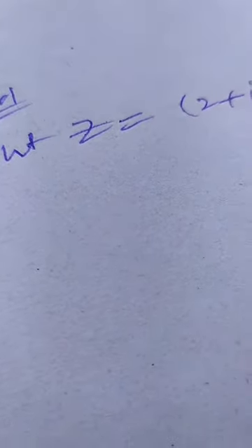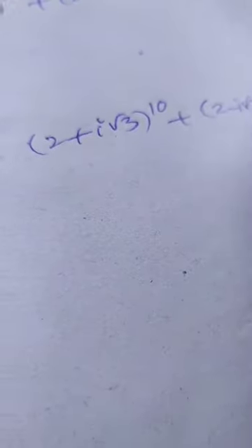So what I am taking here, solution: I am taking this as Z. Let Z equal to (2 plus i root 3) whole power 10 plus (2 minus i root 3) whole power 10.